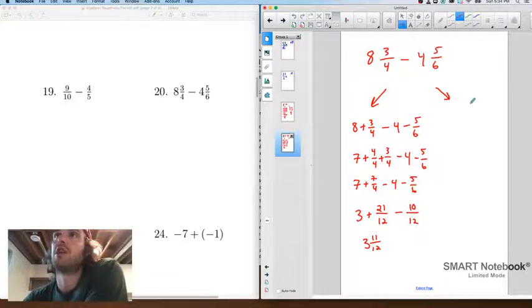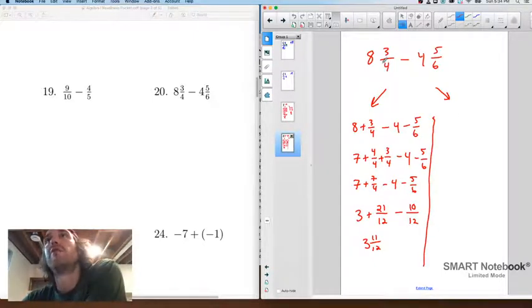Interesting. Let's do it the other way. Let's think about this. Let's try converting them first. 4 times 8. Good mental math here. 4 times 8 is 32, plus 3 is 35/4. Okay. Minus 6 times 4 is 24, 29/6.